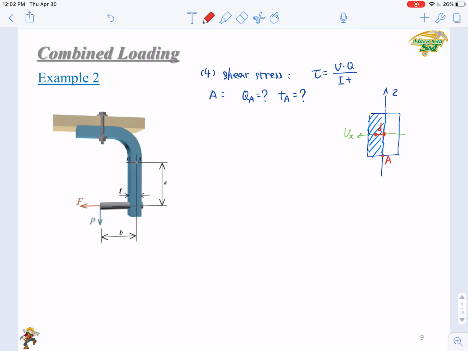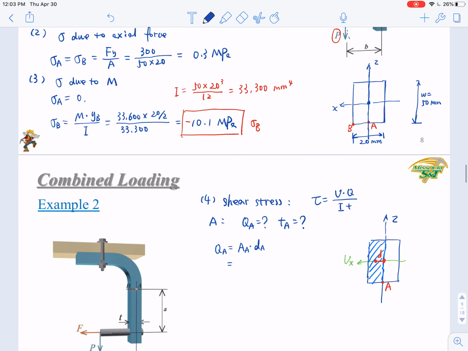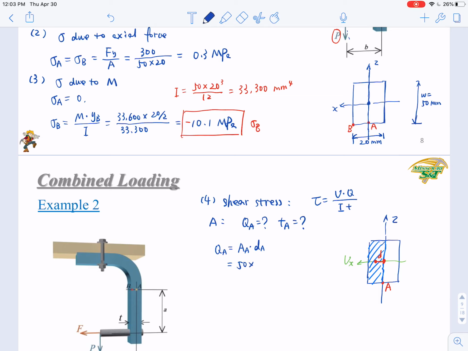So our Q_A will be A_A times d_A. The area, the blue shaded area, look at the dimension here: it would be 50 times half of the thickness, which is 10.